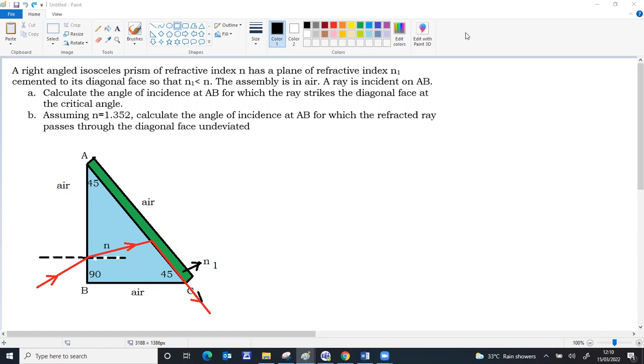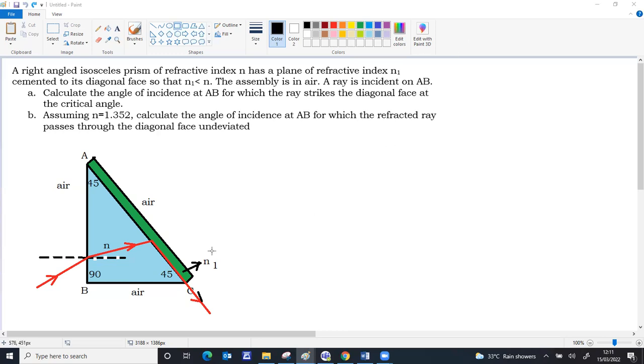The assembly is placed in air, the surrounding part is air. A ray of light is incident on AB. Calculate the angle of incidence at AB so that the ray strikes the diagonal face at the critical angle.